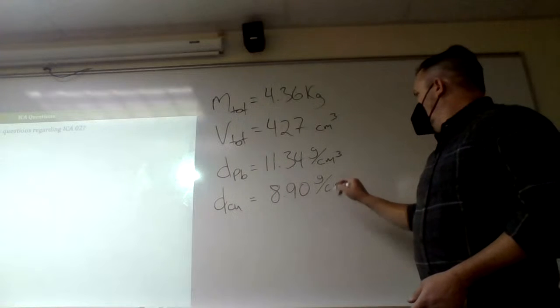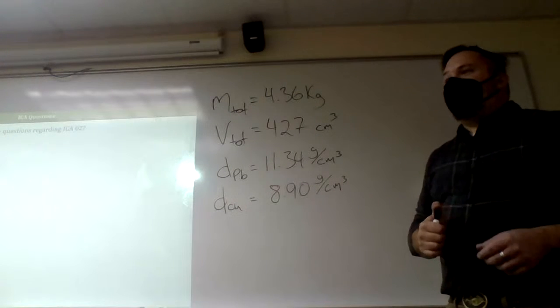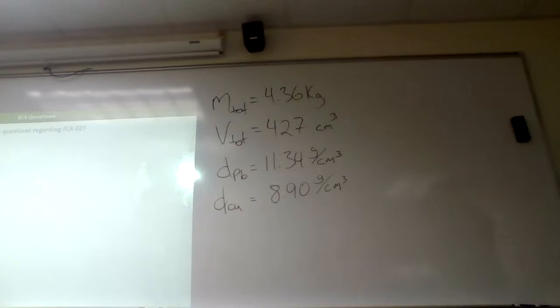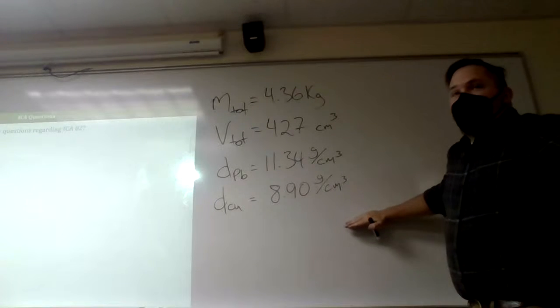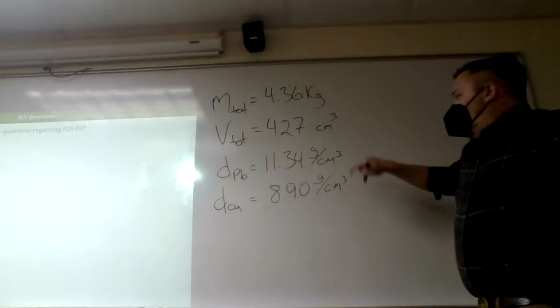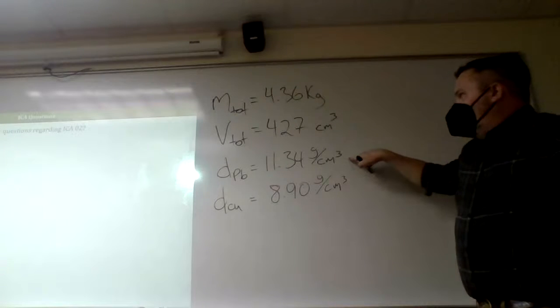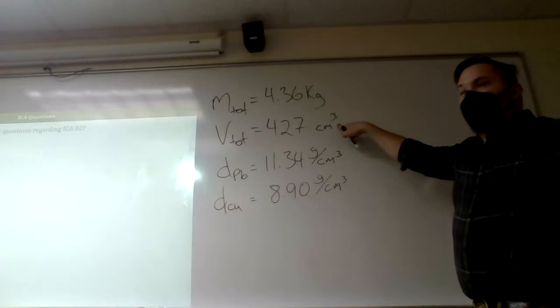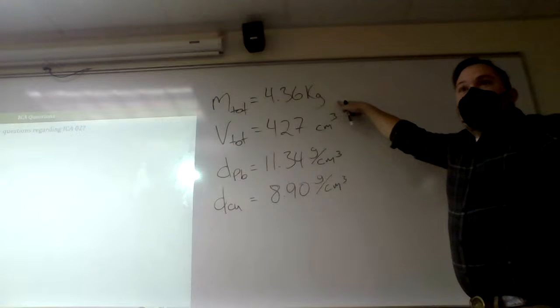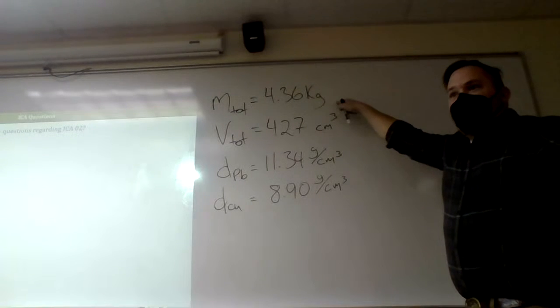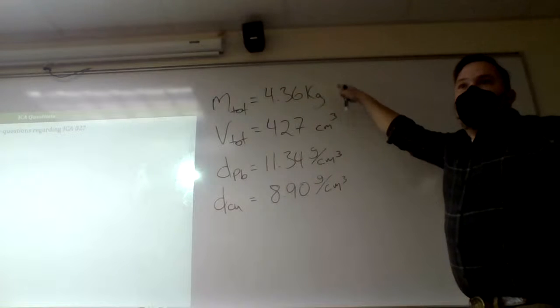This actually made so much sense when you explained it. Well, let's see if I can do it again. All right. So first off, all we did is write down the things that are in the problem statement, right? Looking at the things I wrote down, you might notice that our densities are in grams per cubic centimeter, our volumes are in cubic centimeters, but our mass is in kilograms. So as long as it's an easy conversion, we might as well take this in kilograms and make it grams, because then everything matches up.